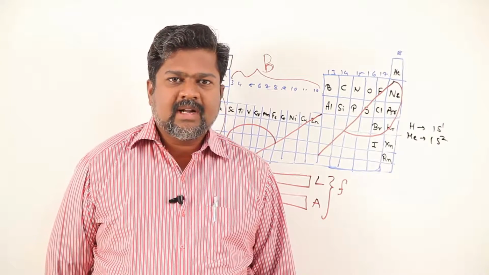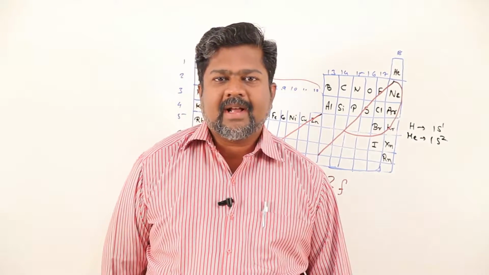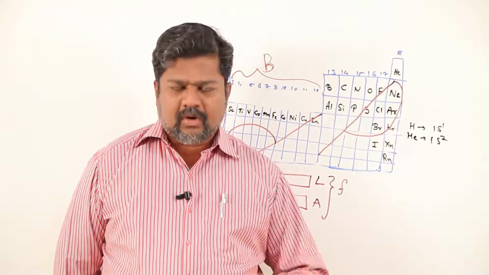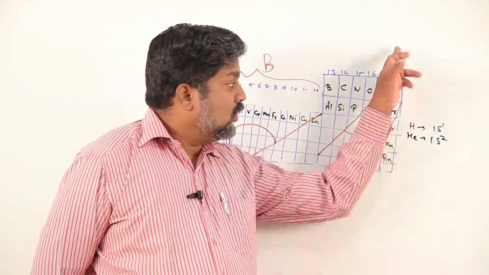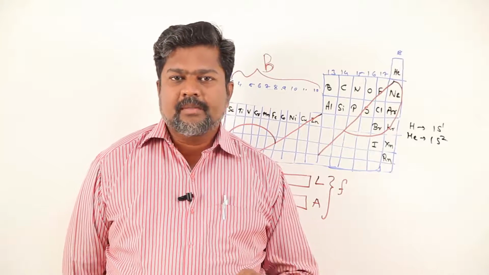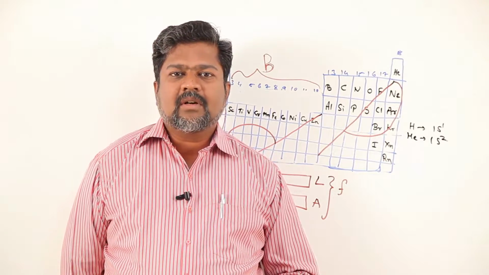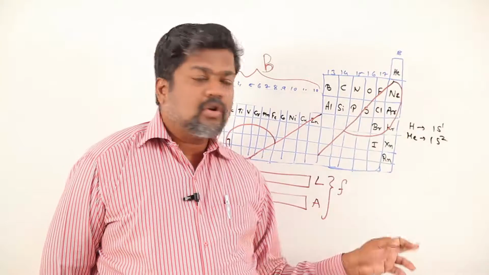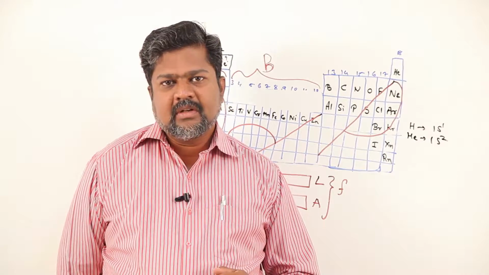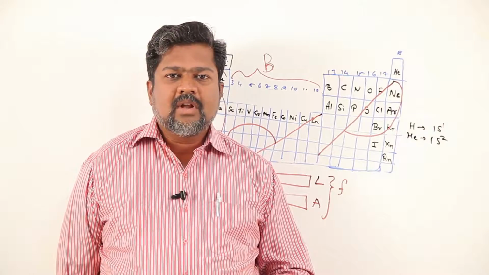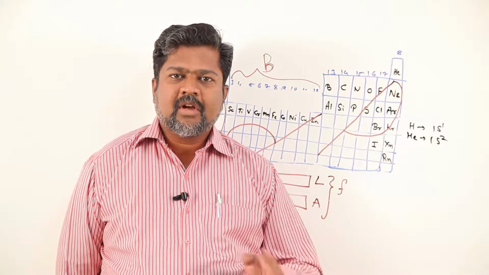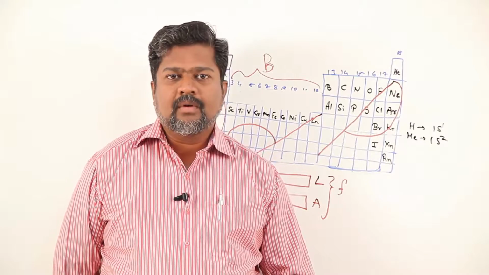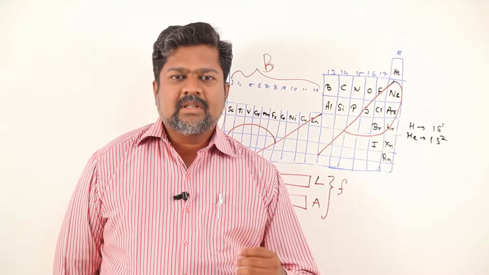You are aware of valency, that is the number of electrons either donated or accepted to complete the octet, or shared also to complete the octet. So here their octet is already completed. Octet means either 2 electrons, that is duplet actually for helium, and neon onwards 8 electrons in the last shell. So they require 0 electrons to donate, share or accept, and therefore these elements are not showing any compound. So their valency is 0.